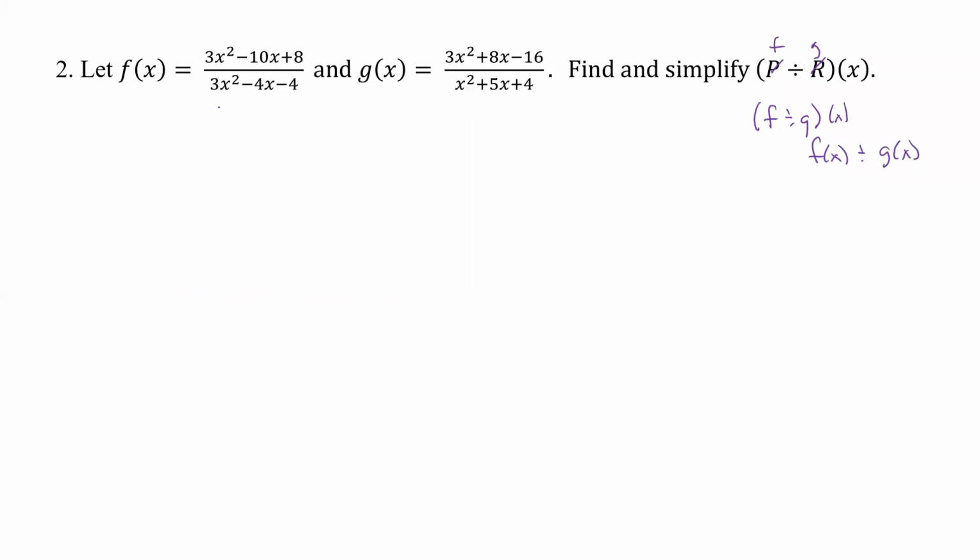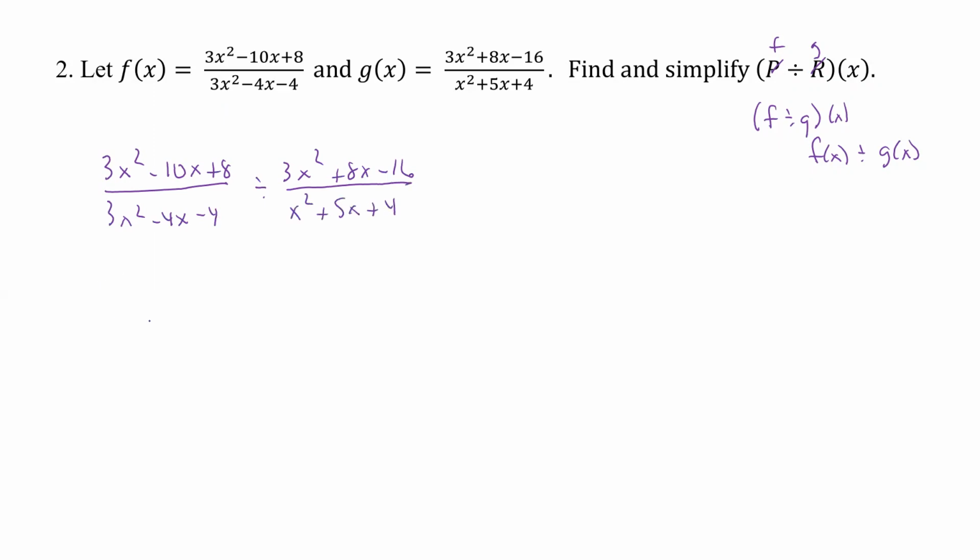And so what we do is we're going to replace these and say that's (3x squared minus 10x plus 8) over (3x squared minus 4x minus 4) divided by (3x squared plus 8x minus 16) over (x squared plus 5x plus 4).